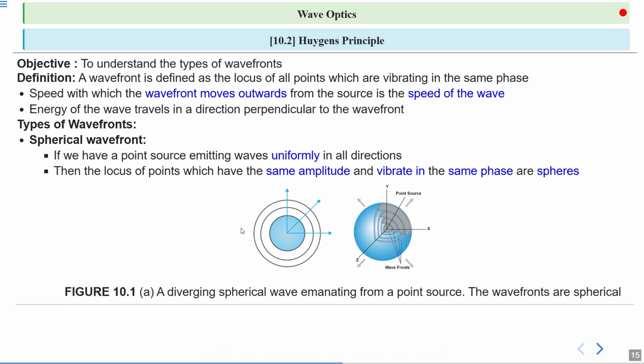So there is a point source, and wavefronts for this point source are in the form of concentric spheres. In 2D, it is shown in the form of concentric circles. So figure 10.1, a diverging spherical wave emanating from a point source, the wavefronts are spherical.